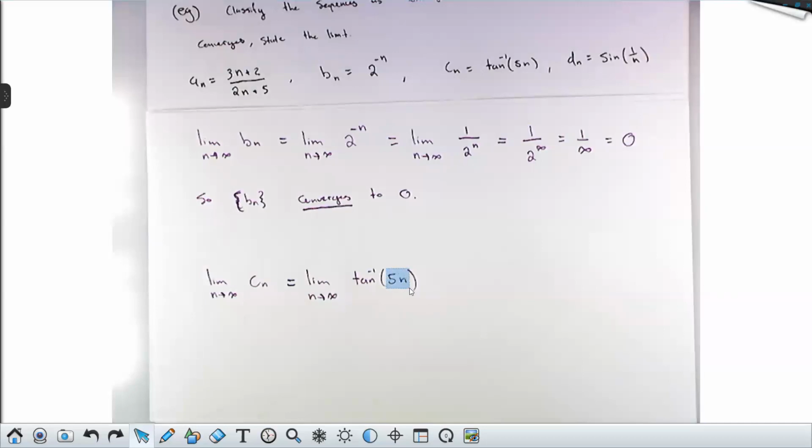What does the inside do as n goes to infinity? What does 5n do as n goes to infinity? It also goes to infinity. And what does the inverse tangent function do as its inside goes to infinity? Does it go to 1? Not 1. Pi over 2.